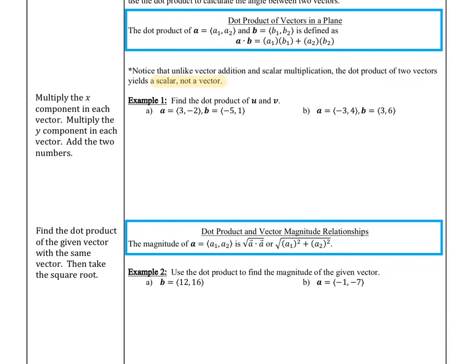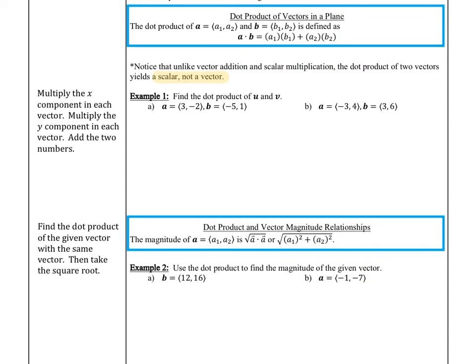So we are going to first practice dot product here, multiplying our two vectors together. It says find the dot product of u and v, but then we have a and b listed as our vectors. So just be patient with us on this.